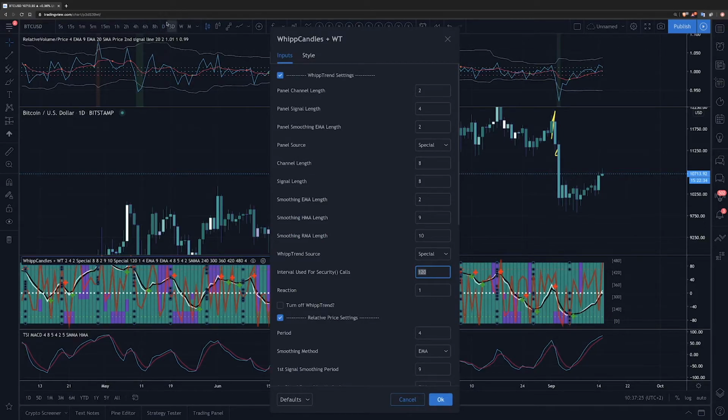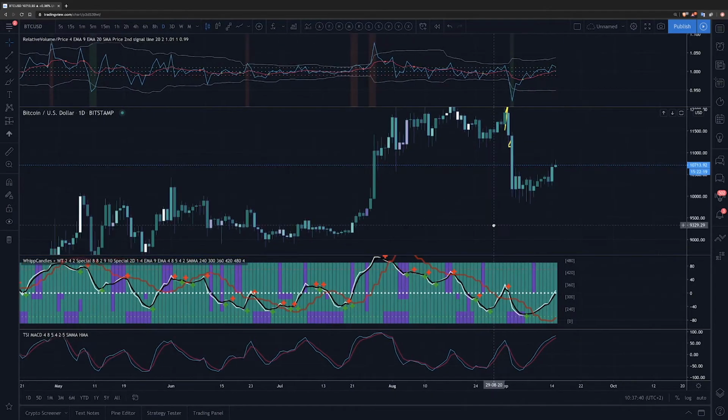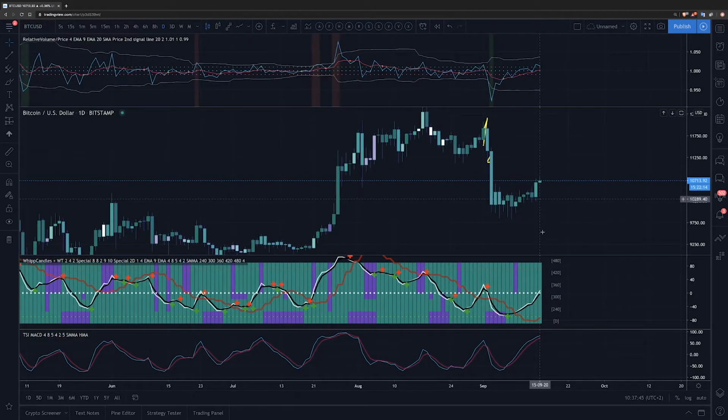So if we're on the daily chart, which we can see here, we can change this to 2D, and that gives us our 2-day higher time frame, which is there. And looking very bullish really on the indicators themselves.